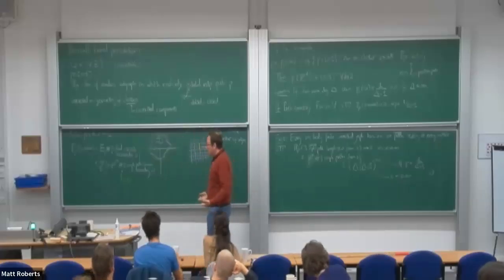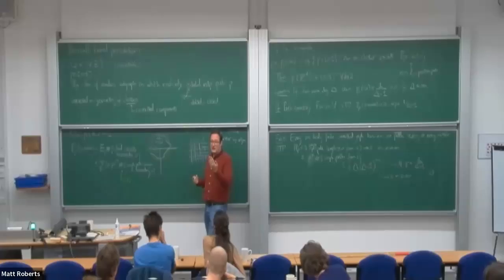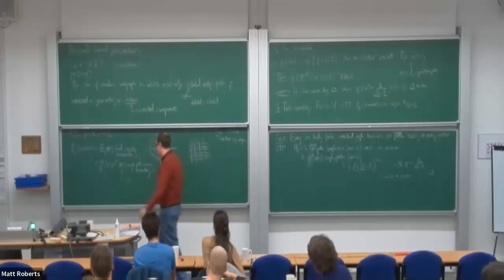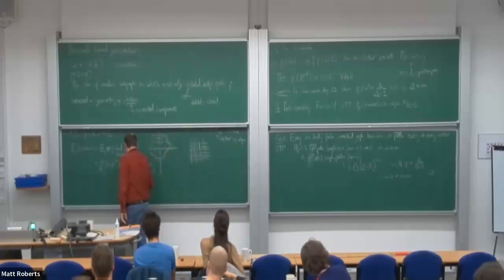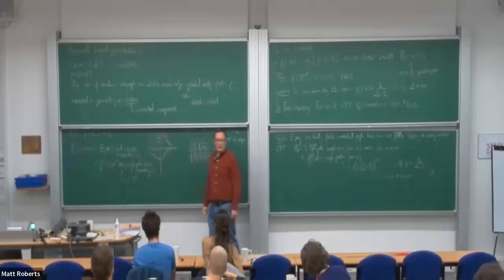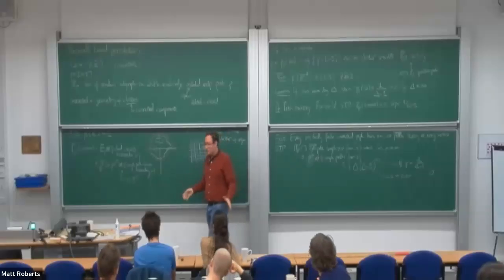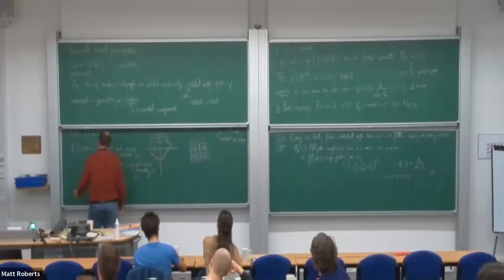Okay, and then similarly to before, once I've chosen that, I have at most 3 choices for how to continue the path, right? I can go straight, I can turn left, I can turn right. So we get this bound on the number of paths. Again, this is of course not optimal. There are fewer than this by some exponential factor, but that's not what we're trying to do.